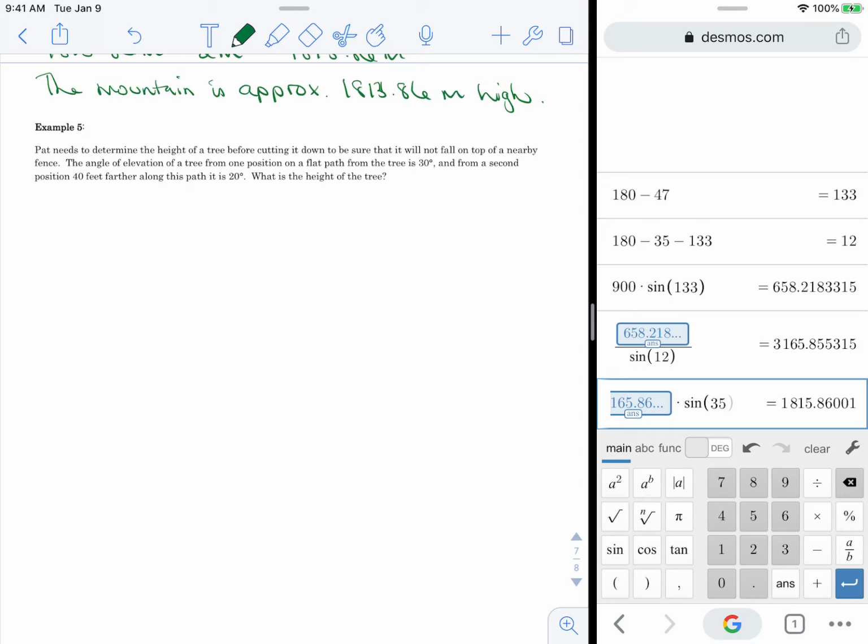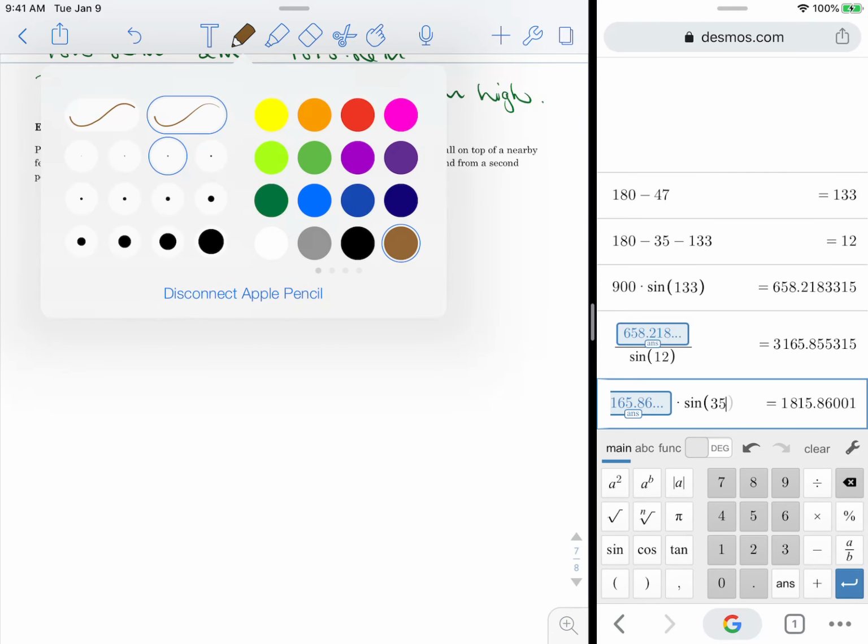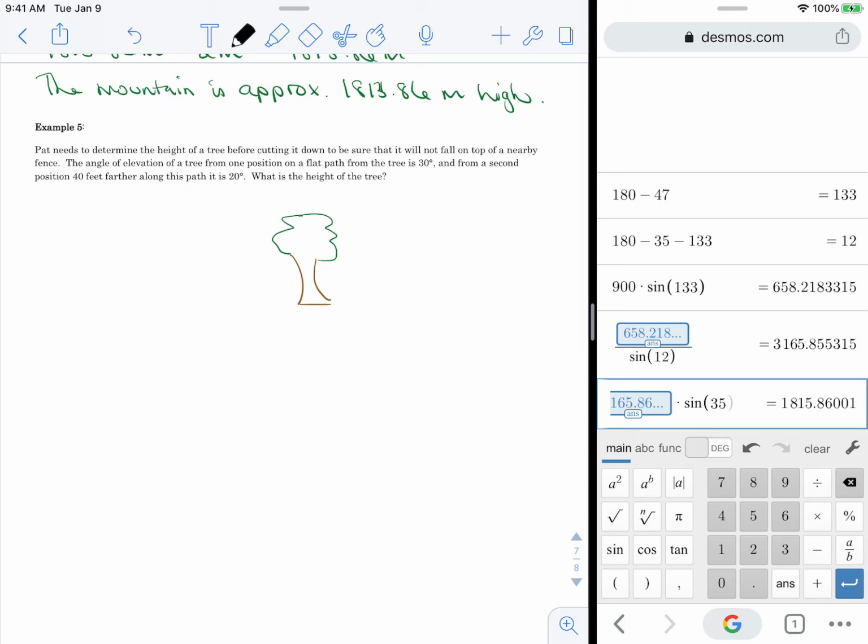So let's go ahead and give us, since I have colors, it's kind of fun, a good old diagram. Here's the person, and we're looking at the top of the tree here.